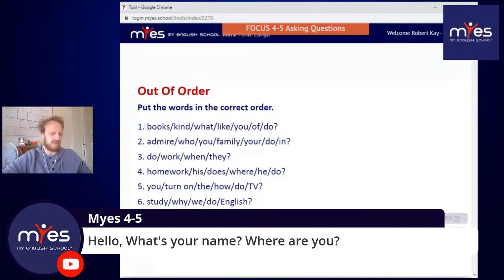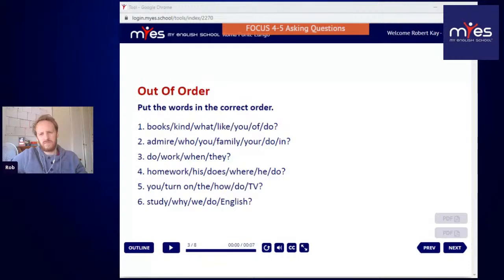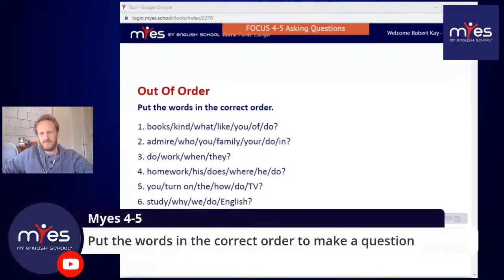Put the words in the correct order to make a question.